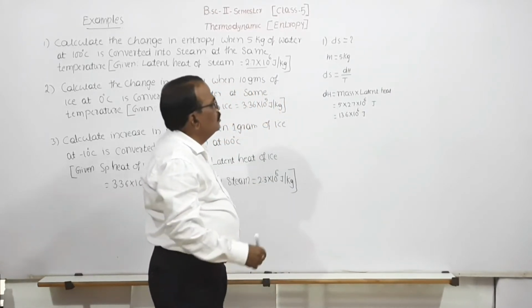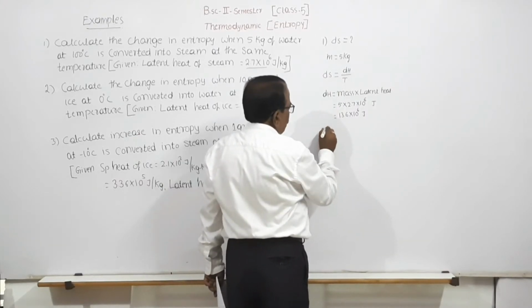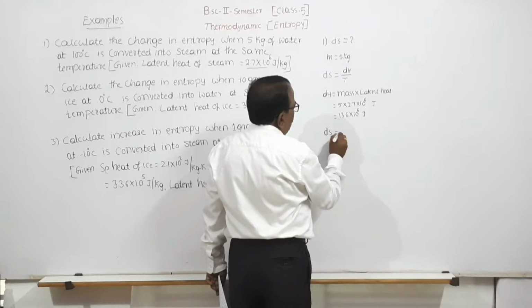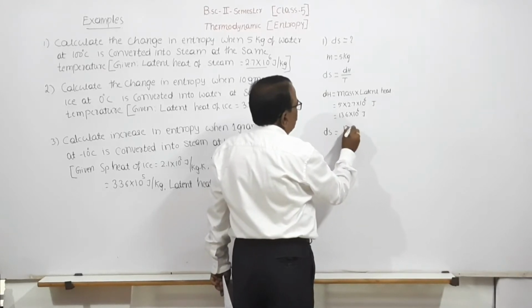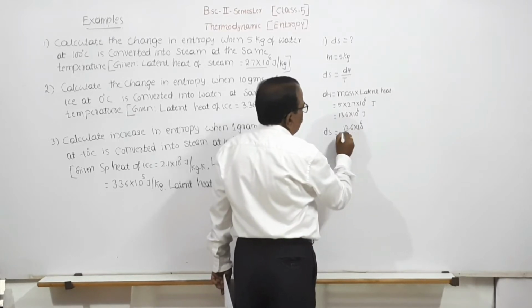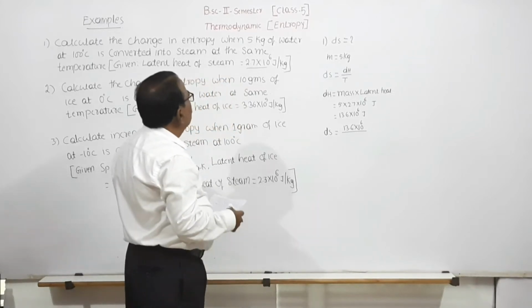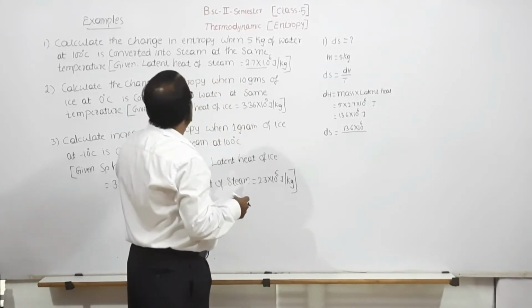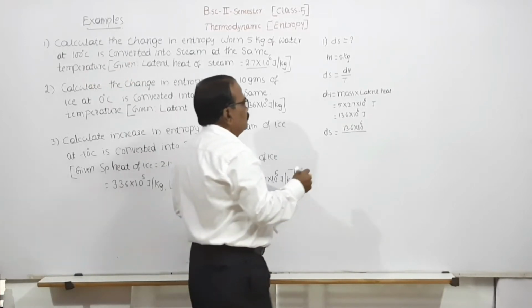Then change in entropy, this is dS, is equal to 13.6 into 10 raised to 6 divided by T. It is how much? 100 degrees centigrade means 373.